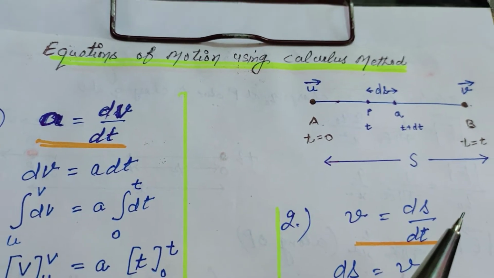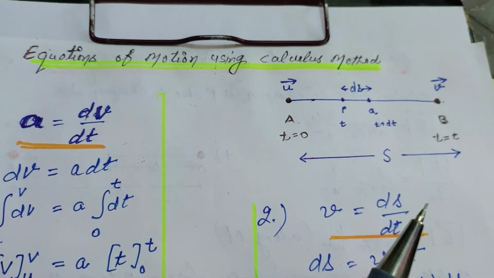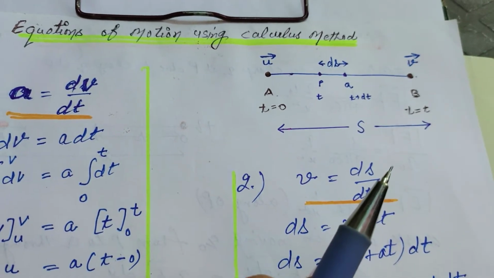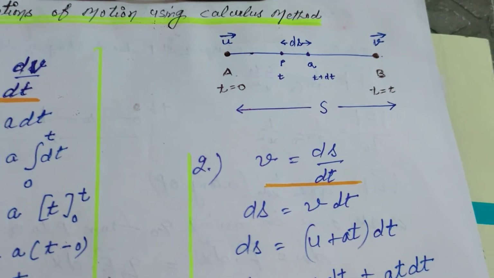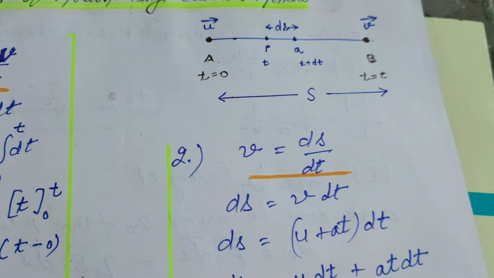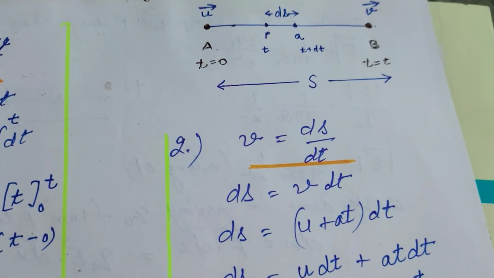In this method we will use both differentiation as well as integration. To start with, you must remember that in this article the motion is uniform motion. The velocity changes at a uniform rate.